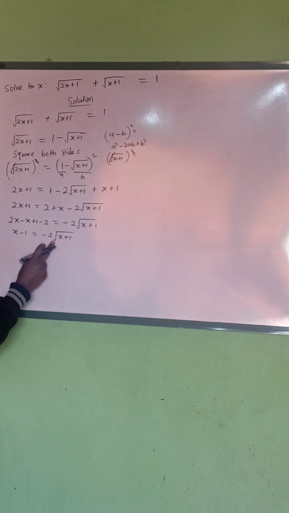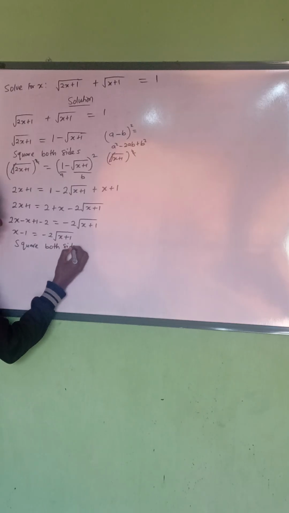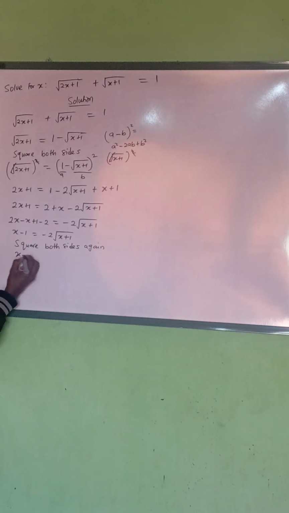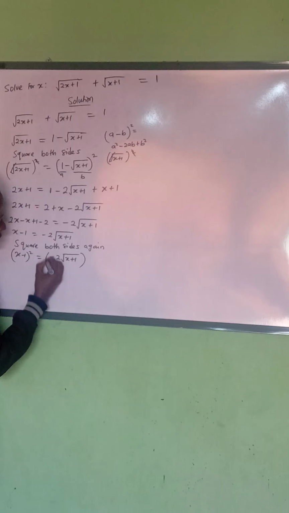Now, to cancel this square root, we introduce square to both sides. Now, square both sides again. So if you square both sides, this one will become x minus 1 all squared equal to minus 2 root x plus 1 all squared.